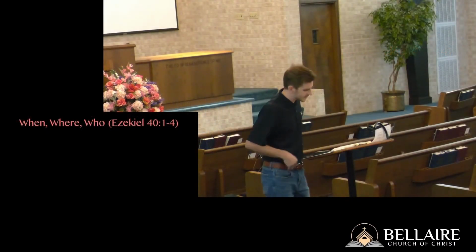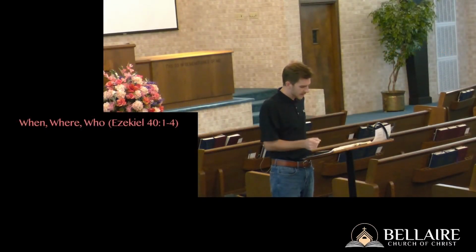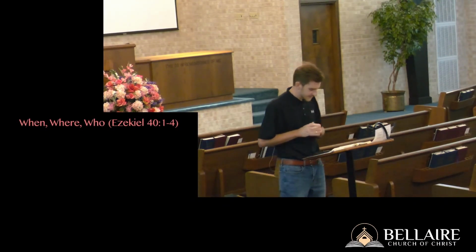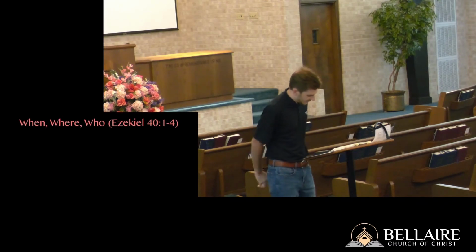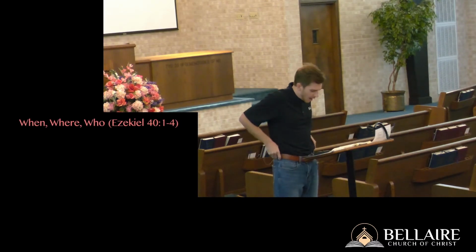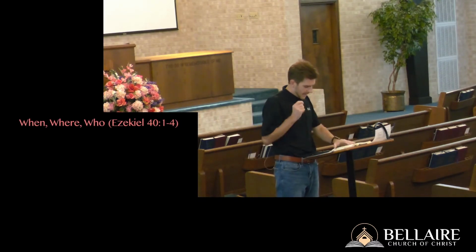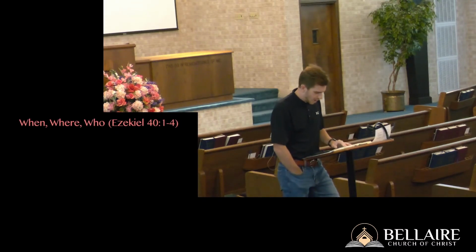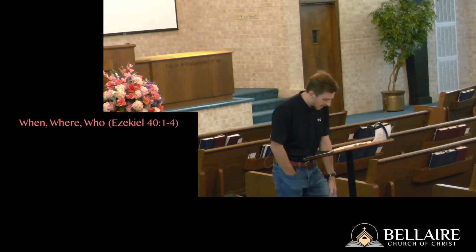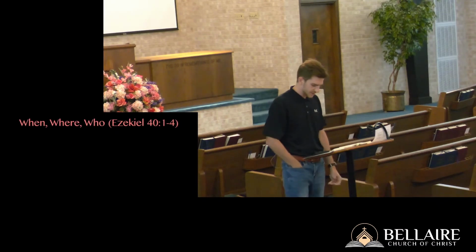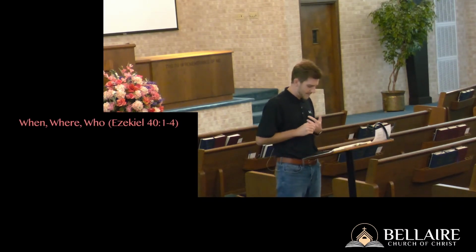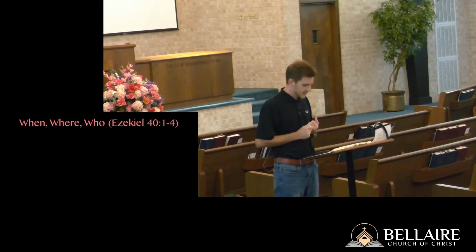Ezekiel 40 in verse 1 says, "In the 25th year of our exile, at the beginning of the year, on the 10th day of the month, in the 14th year after the city was struck down, on that very day, the hand of the Lord was upon me, and he brought me to the city. In the visions of God, he brought me to the land of Israel and set me down on a very high mountain, on which was a structure like a city to the south.